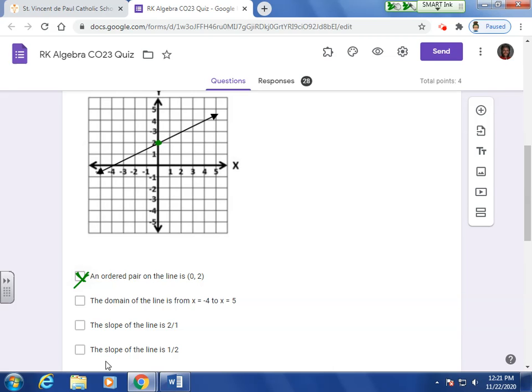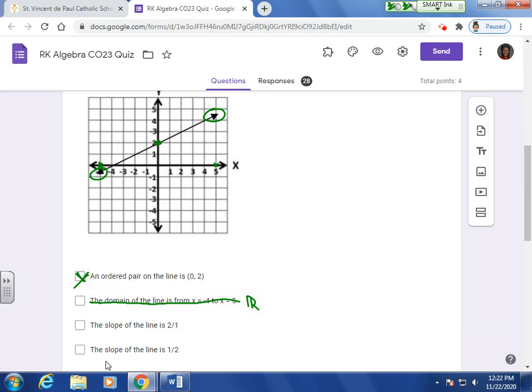Even though this one goes out to -5 here, and on the graph it shows that it goes from -5 to +5, the fact that it's a line means the domain of any line is all reals, right? All solutions. So it's not just what the graph shows. Those arrows mean it goes on forever and ever, and every x value is going to be a part of this graph at some point. So that one is no good.